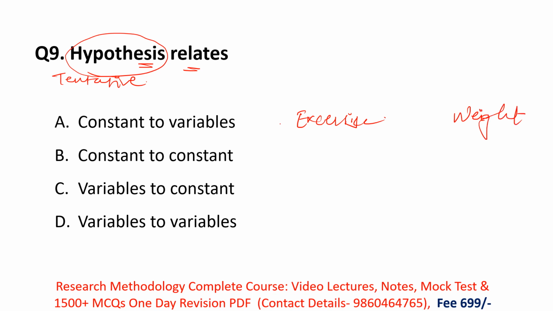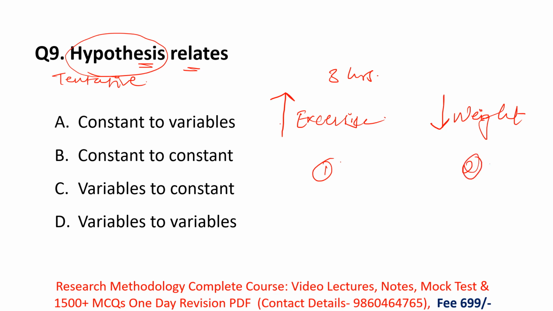Suppose I do 3 hours of exercise daily, then what will be the effect of exercise on my weight? My weight will decrease day by day. So here you can see exercise is one variable, and weight is the other variable.